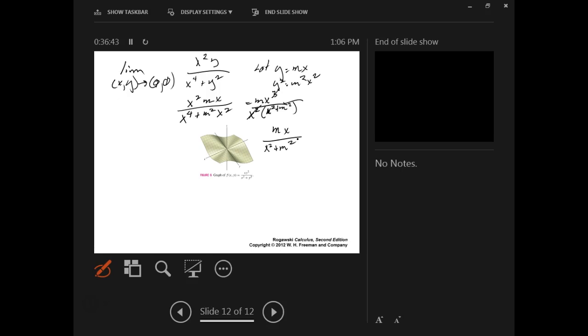That's the only one that this does not help you with. For any m other than 0, as x is going to 0, your function is going to 0.